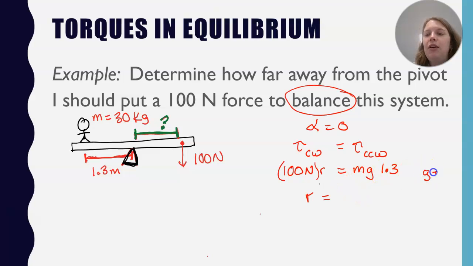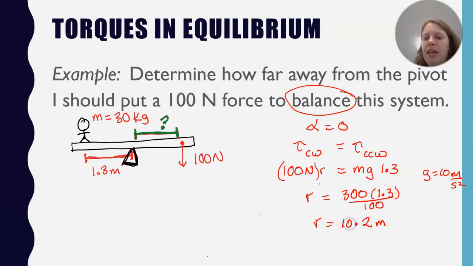So say g equals 10, which is pretty close to 9.8. So we've got 300 times 1.3 divided by 100. So that would be 3.9 away. So that's an example problem of just two simple torques, one on one side, one on the other side, in equilibrium.